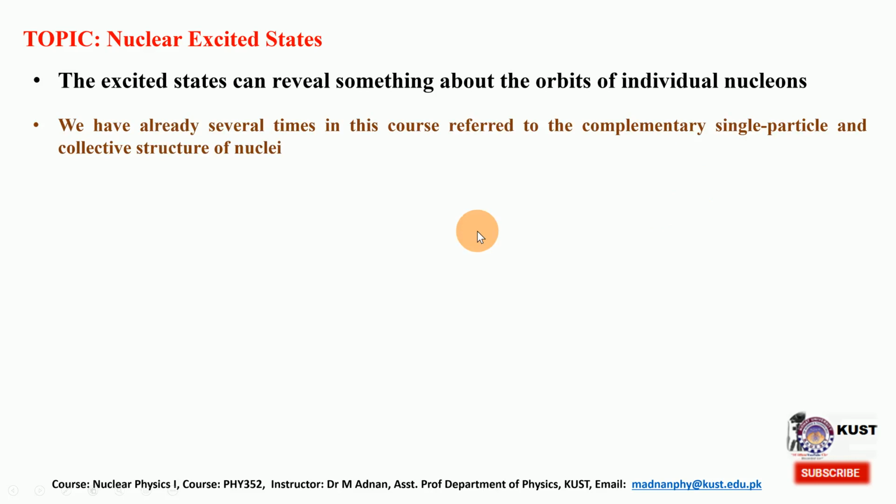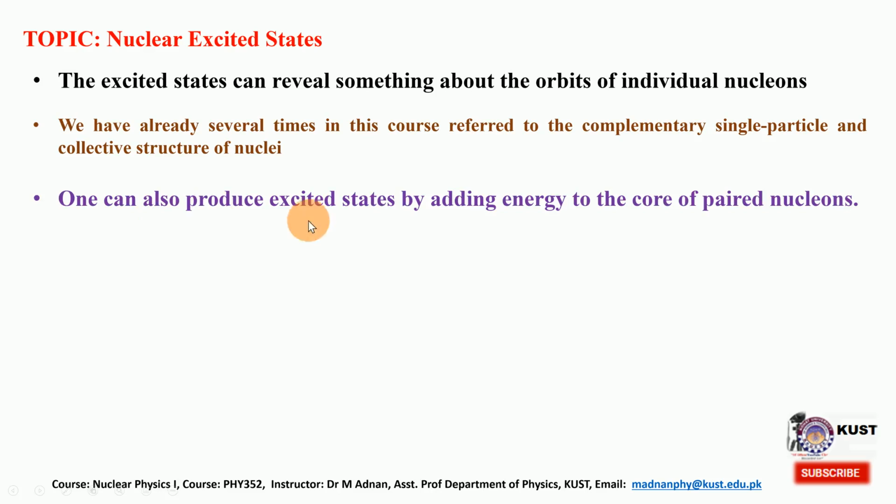We have already several times in this course referred to the complementary single particle and collective structures of the nuclei. If you remember the various concepts that we have discussed in the last few lectures, the intrinsic spin, the parity, and all those things. One can also produce excited states by adding energy to the core of paired nucleons. If you remember, in my last lecture we discussed the concepts of parity, the quadrupole moments, and the magnetic moments.